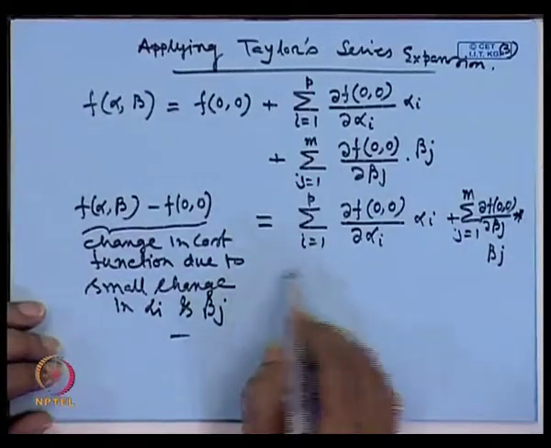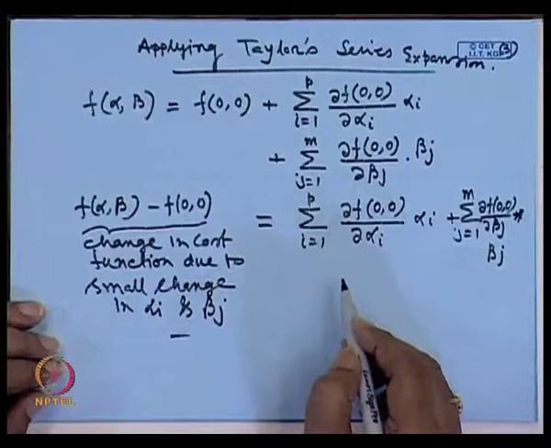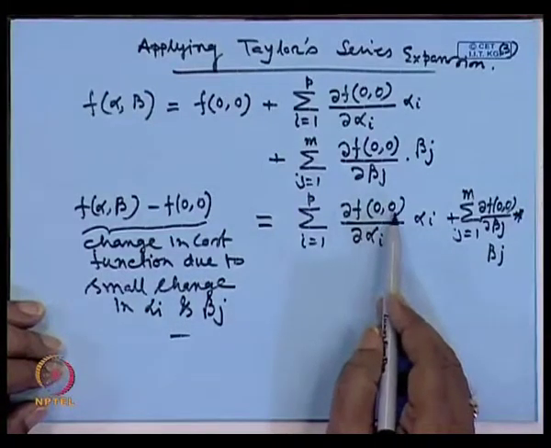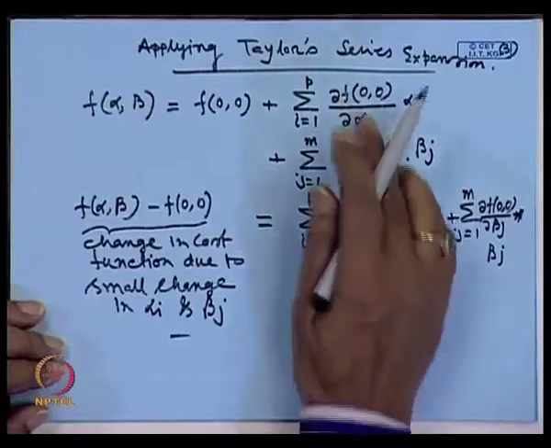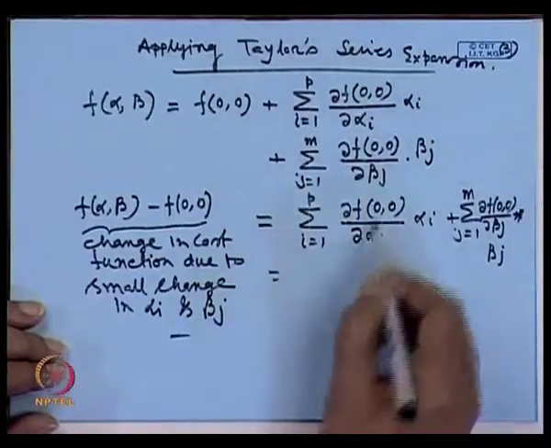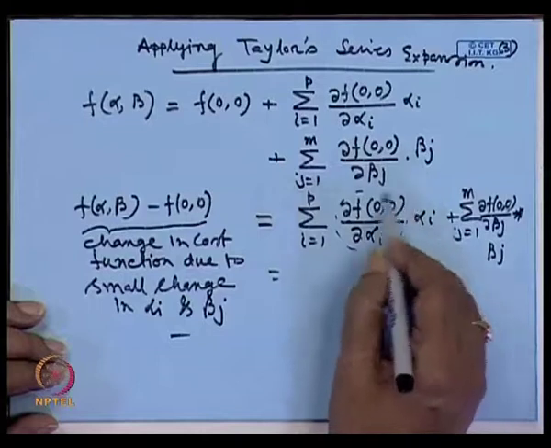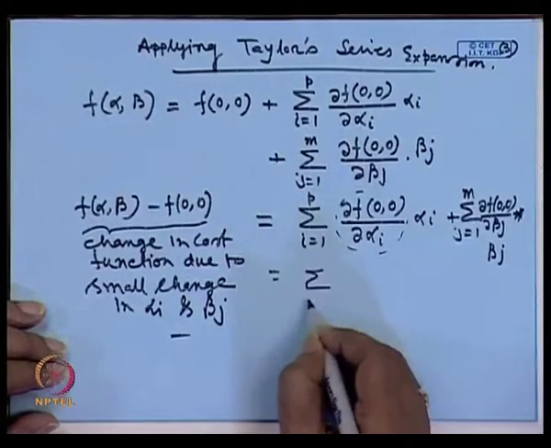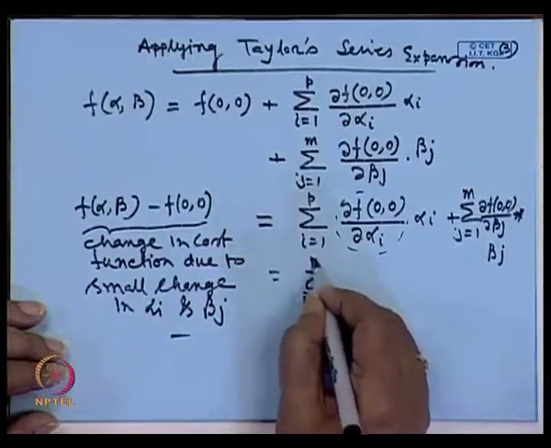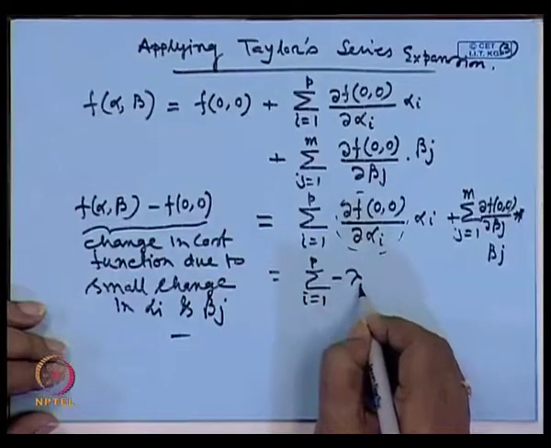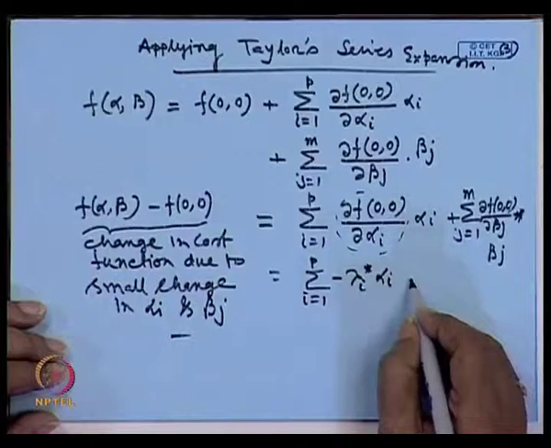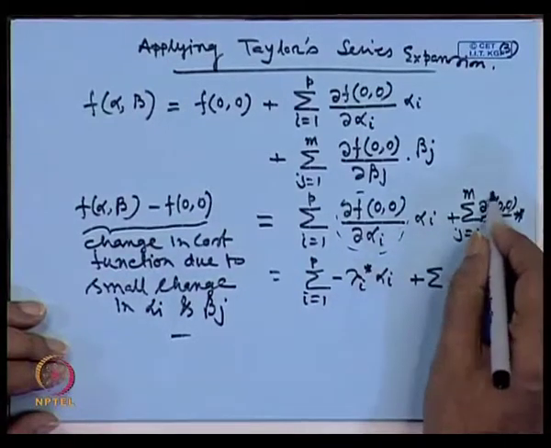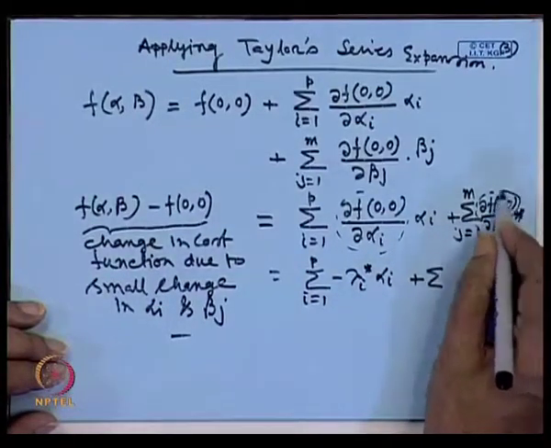So, this we can write, if you see this one, this quantity is nothing but summation of i equals 1 to p, minus lambda i star into alpha i, plus summation of j equals 1 to m, this quantity is mu j.